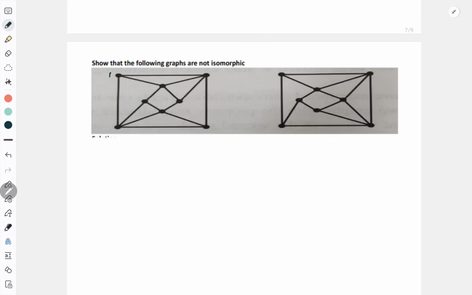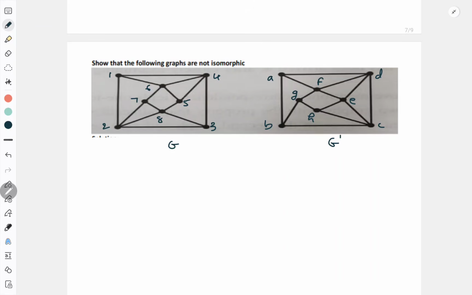Let me name the vertices 1, 2, 3, 4, 5, 6, 7 and 8. Here I will put A, B, C, D, E, F, G, H. It is up to you what name you want to give. Okay, I have randomly given G and G dash.